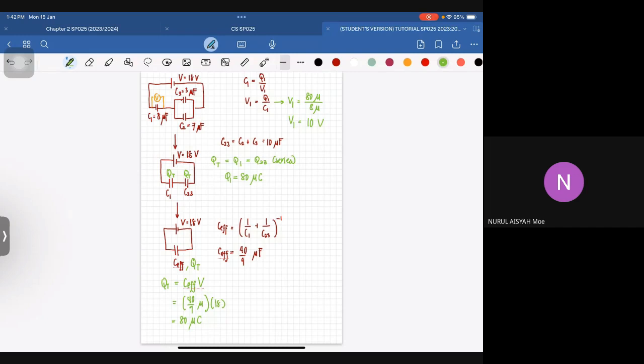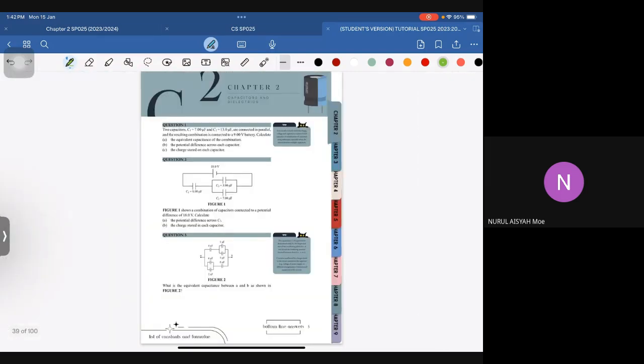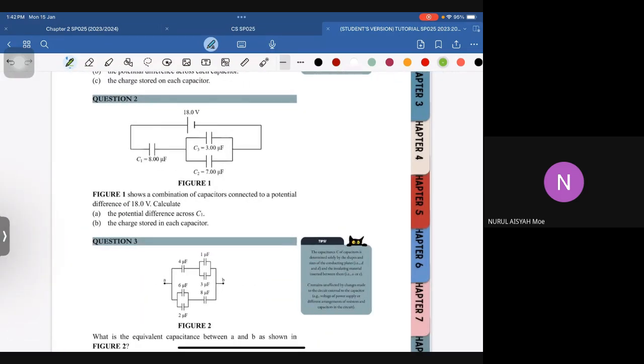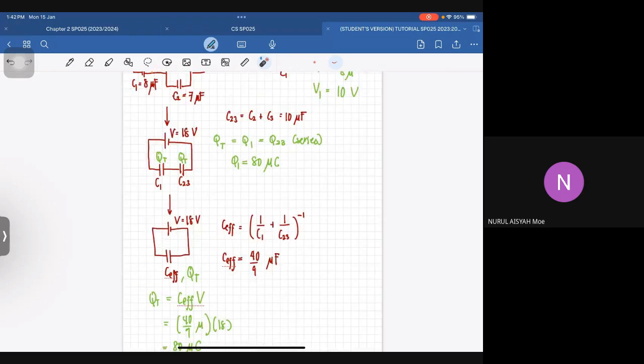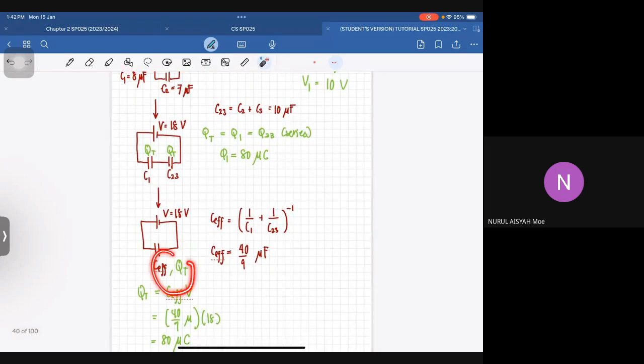Alright, so that is for question A. Next, we have to see for question B, which is the charge stored in each capacitor. So just now, we've calculated the charge. We have the total charge, we have the charge for capacitor 1, and we have the charge for capacitor 2 and capacitor 3.